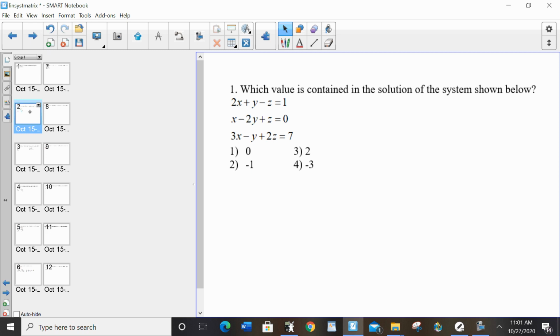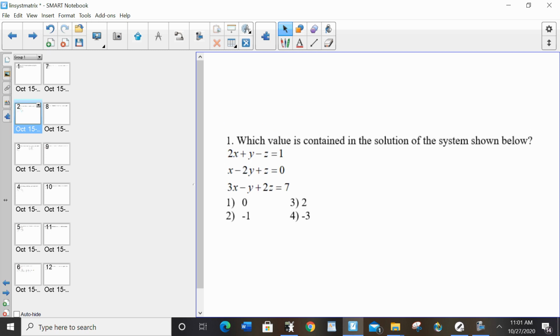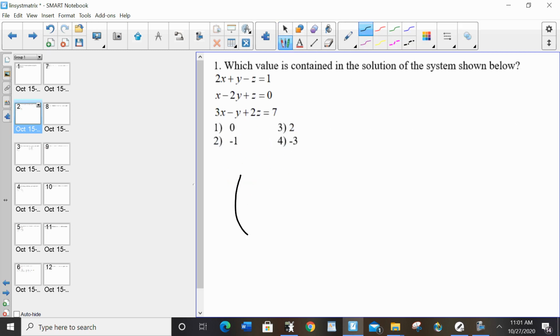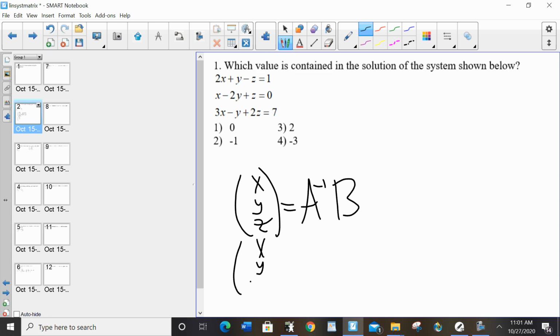And in order to do matrix method, x, y, z equals A inverse B. So A is the 3 by 3 matrix made up of the coefficients of the left-hand side.